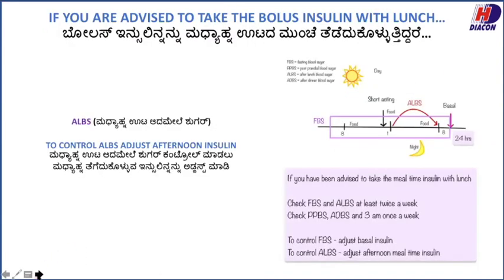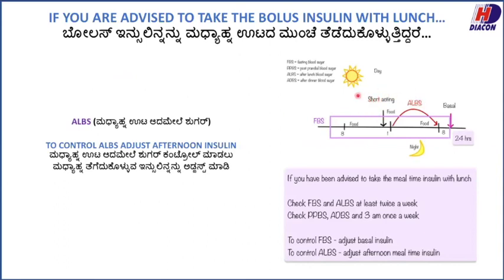Some of you may be asked to take the short-acting insulin, or the mealtime or bolus insulin, with lunch instead of breakfast. Use the same principles that we have explained so far, but instead of looking at after breakfast values, look at the after lunch values to adjust the dose of your short-acting insulin.